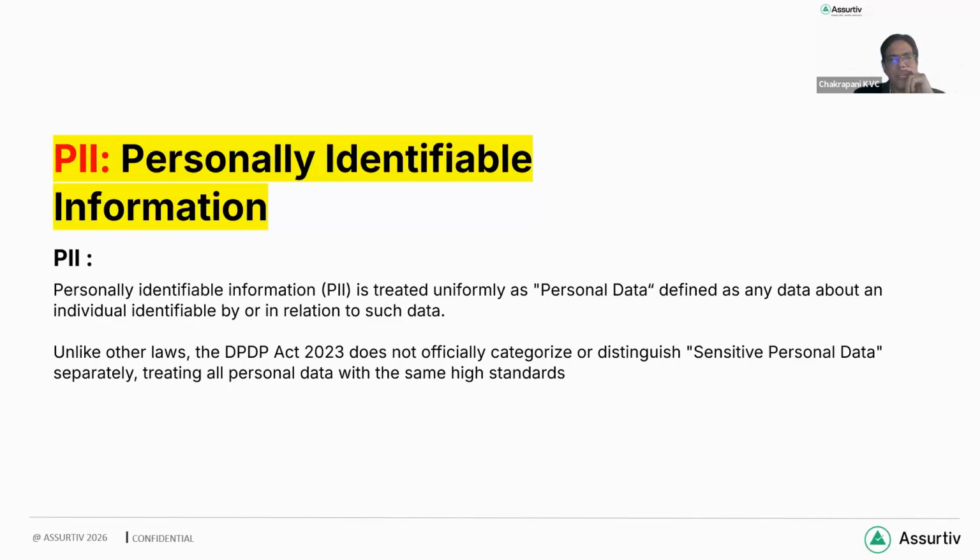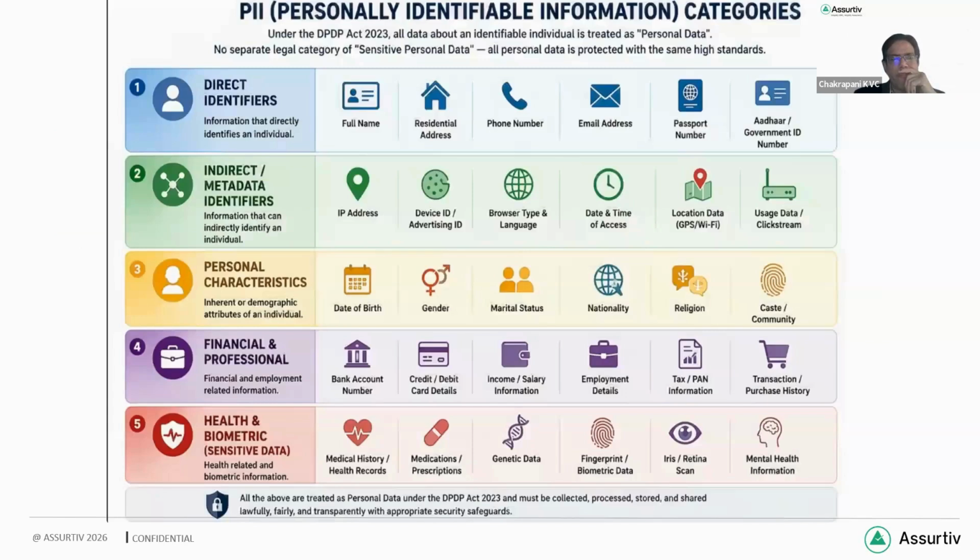Okay. So even sensitive personal data is treated like personal data, with the same high standards as per the Act. So when we say PII, there are 5 different identifiers, 5 different categories. Under the DPDP Act, all data about an identifiable individual is called personal data.